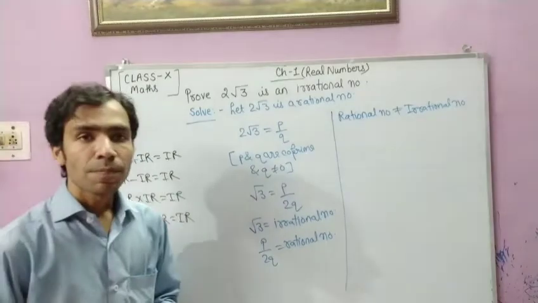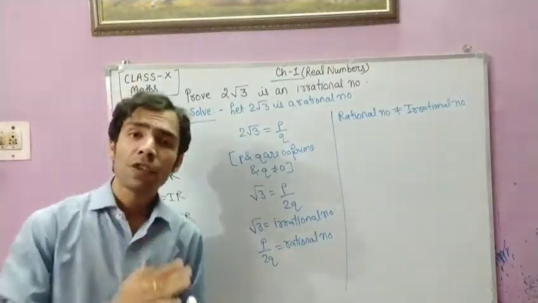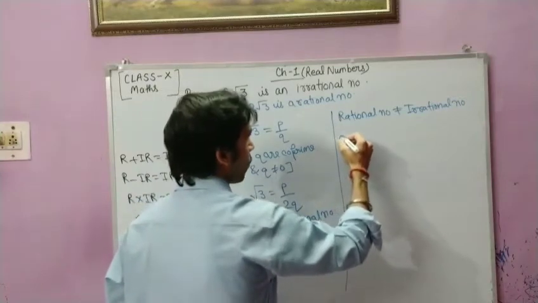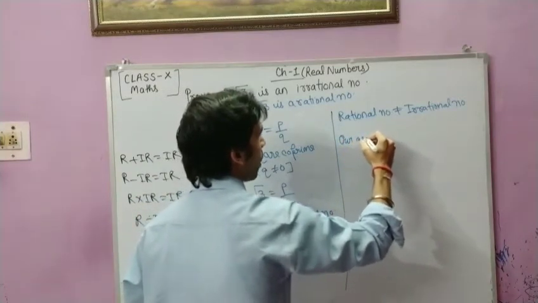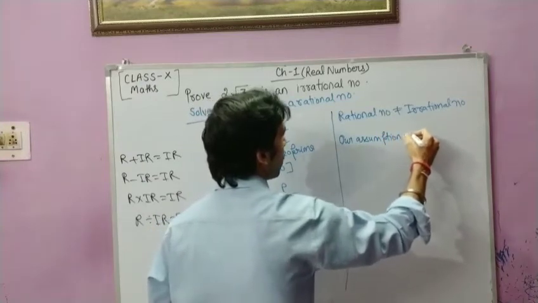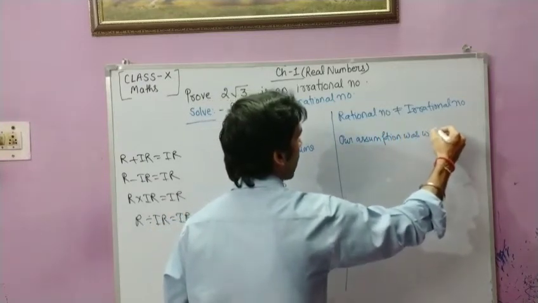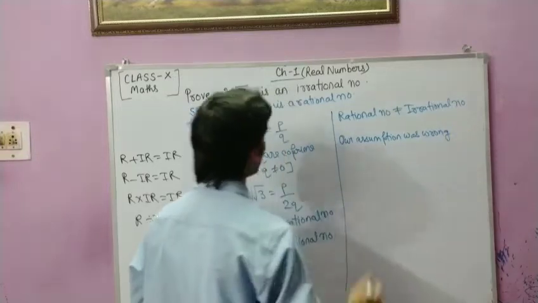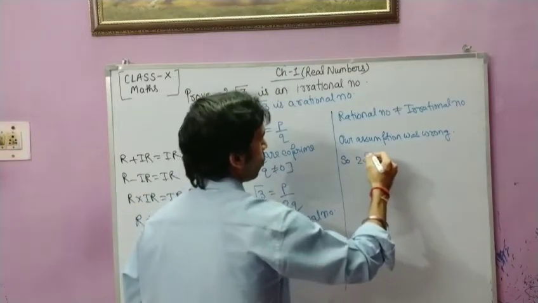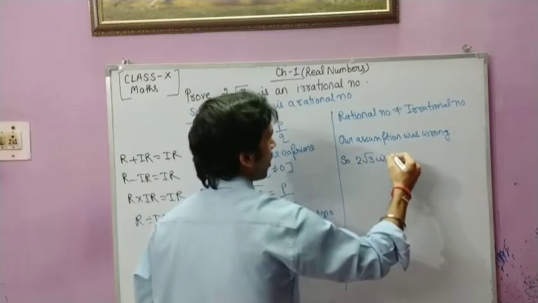It means whatever we assumed in the starting was wrong. Our assumption was wrong. And if our assumption was wrong, we can say 2 plus root 3 is an irrational number.